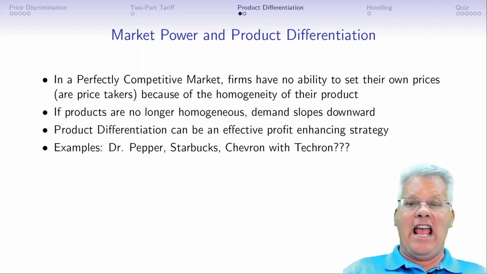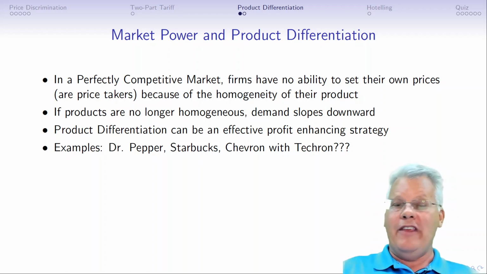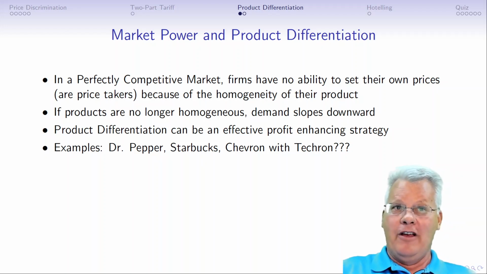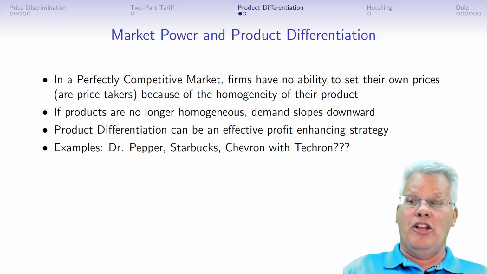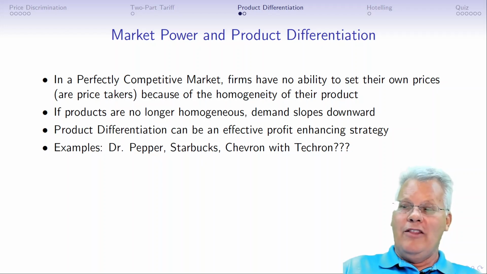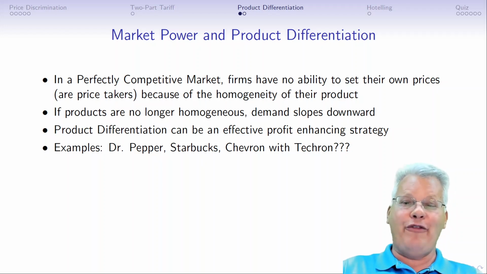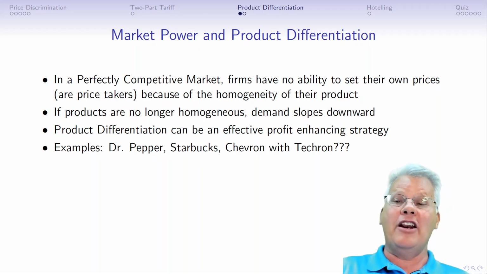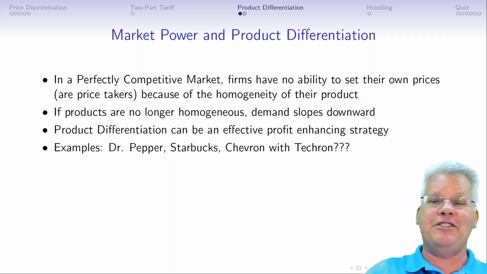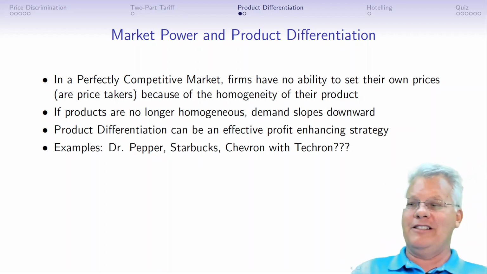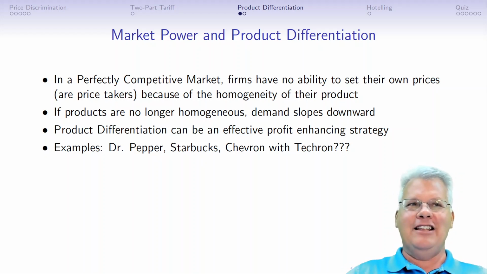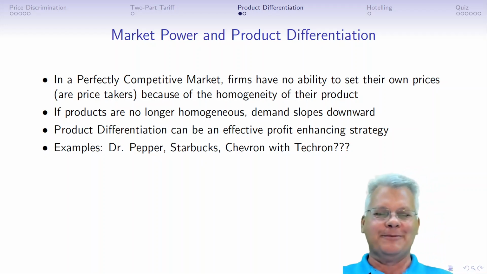So the examples that I've given here, each one of these examples, we have firms that have engaged in substantial amounts of consumer advertising to convince you that their good is different and unique from their competitors. Dr. Pepper is different and better than Coke or Pepsi. Starbucks is better than these local coffee houses.